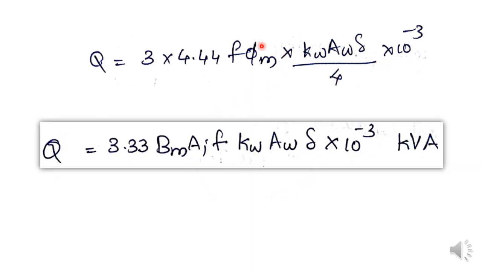And also we can substitute for phi-m as BM into Ai. Phi-m is equal to BM into Ai. So Q is equal to 3.33 BM Ai f KW AW delta into 10 raised to minus 3, that much of KVA. That is the output equation of a three-phase transformer. Thank you.